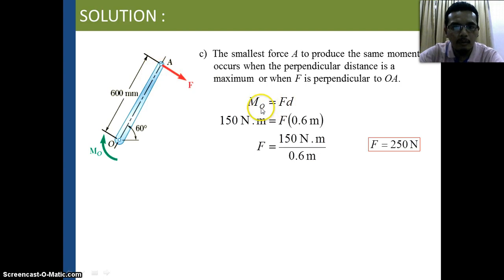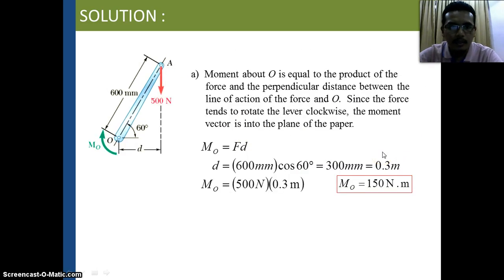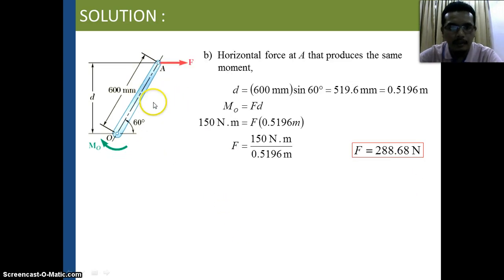So MO, moment about O, equals FD. Moment about O is 150 Newton meter, equal to F multiplied by 0.6. So we have F equal to 250 Newton. You can see here, at part A, although the moment is 150, the force is 500. Part B, the moment is equal to 150 but the force is 288.68.